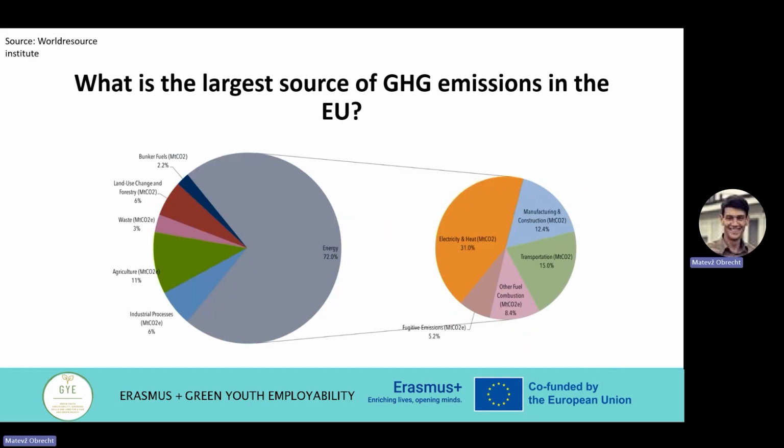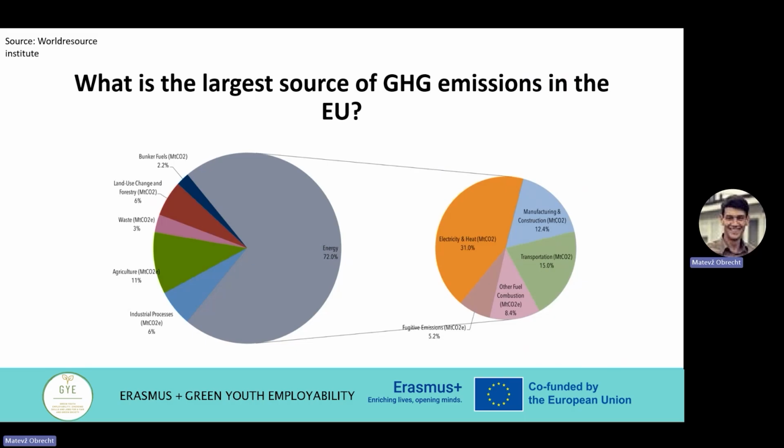What's the largest source of greenhouse gas emissions? Like for the European Union, here is the representation, and you can see that the majority of greenhouse gas emissions comes from the energy sector. So we don't create that much with agriculture or industry, but mainly with the energy sector.